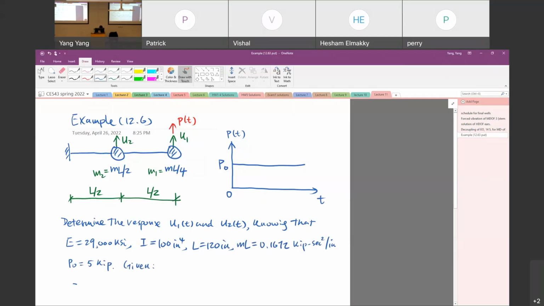And the mass matrix is also given. The stiffness matrix.